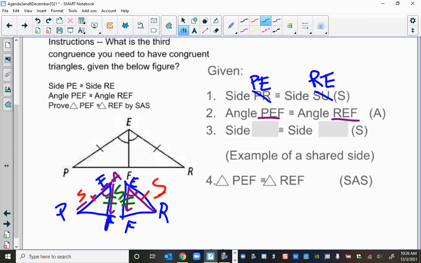Yep. And we're going to talk about this momentarily. That's an example of a shared side. And they call this the reflexive property, which I'll talk about briefly in a little bit.